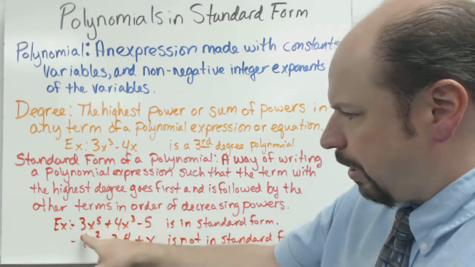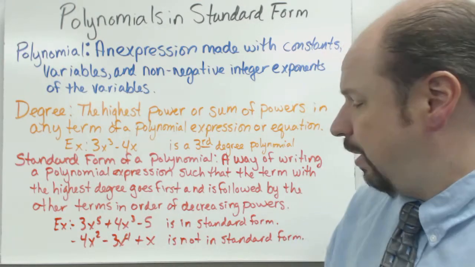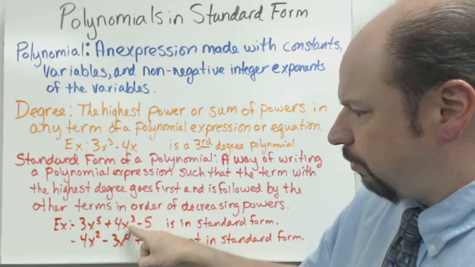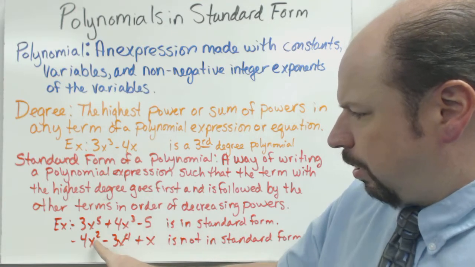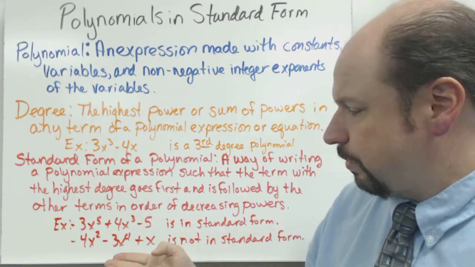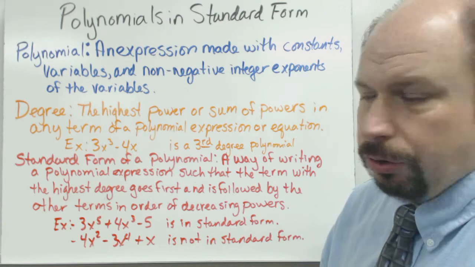So, for example, 3x to the fifth plus 4x cubed plus or minus 5. This one is in standard form because the degrees go 5 and then 3 and then 0 on down. In this one, the exponents go 2 and then 4 and then 1. So this one's not in standard form because the powers are not in the correct order.